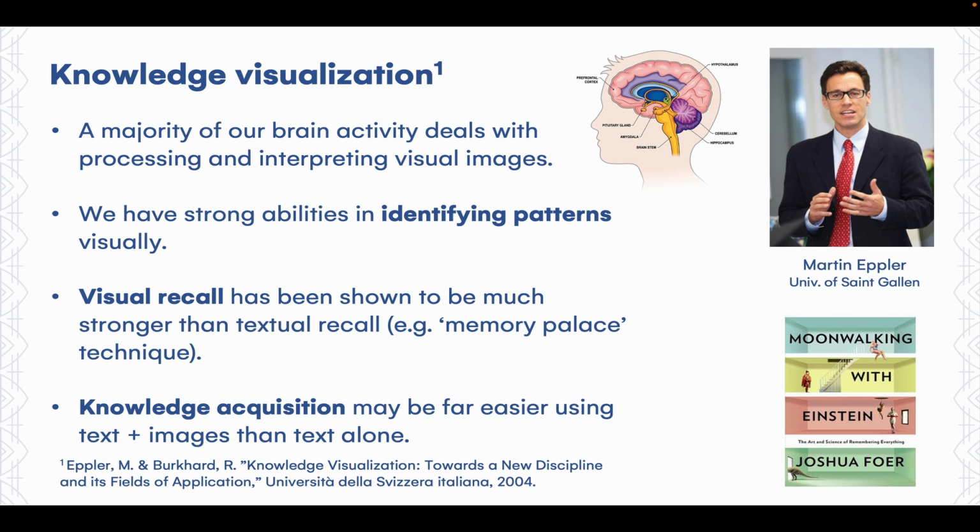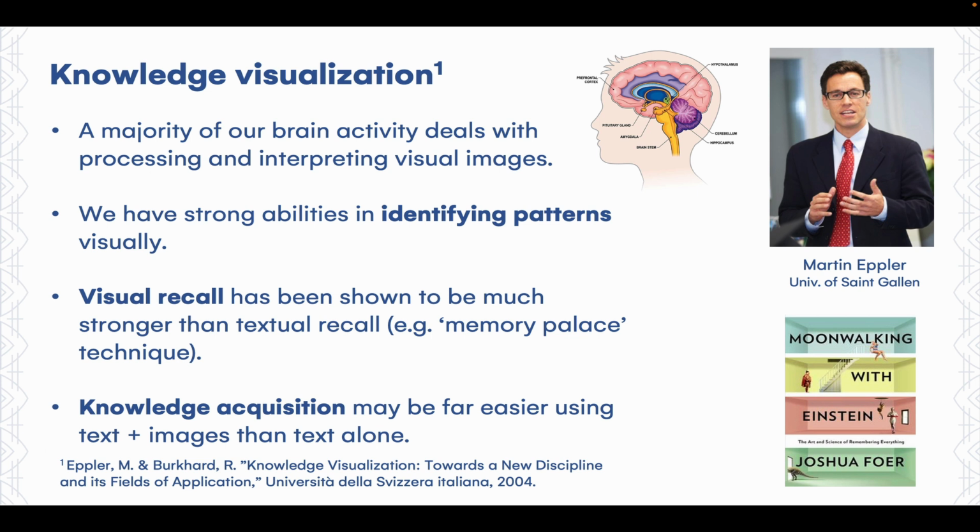And he argues that a majority of our brain activity deals with processing and interpreting visual images. And we have very strong abilities to identify patterns visually, more so than oral information or textual information. Similarly, we can remember visual information better in many cases than text alone.